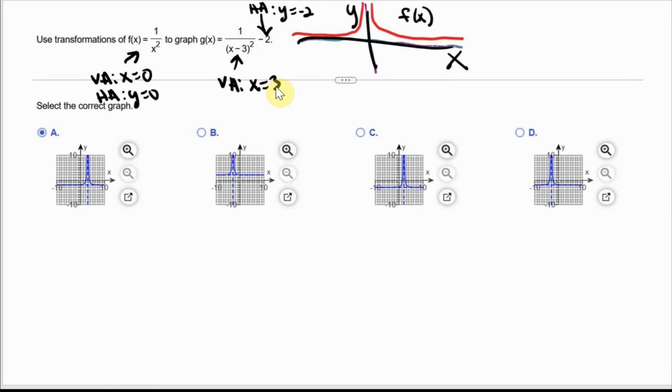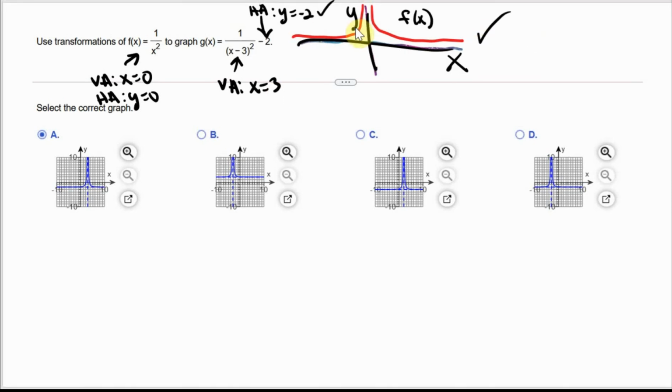So it takes this graph and shifts it down 2, and then it shifts it over to the right 3. So we go down 2 from the axis, that's where the original asymptote was. And then here, it moves over to the right 3.